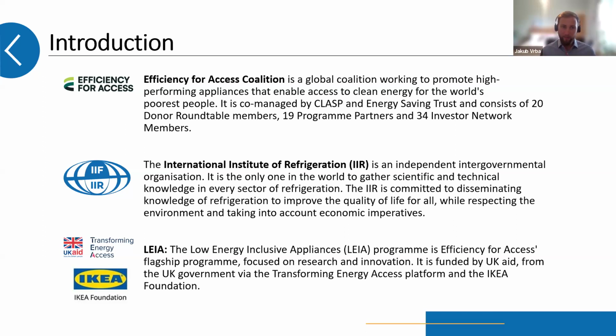Now, the Low Energy Inclusive Appliances Program, we call it LEIA for short, is a research and innovation program delivered under the umbrella of Efficiency for Access. And then last but definitely not least, we have delivered this guide in collaboration with the International Institute of Refrigeration, which is an intergovernmental organization based in Paris with a key focus on promoting knowledge of refrigeration technologies globally.